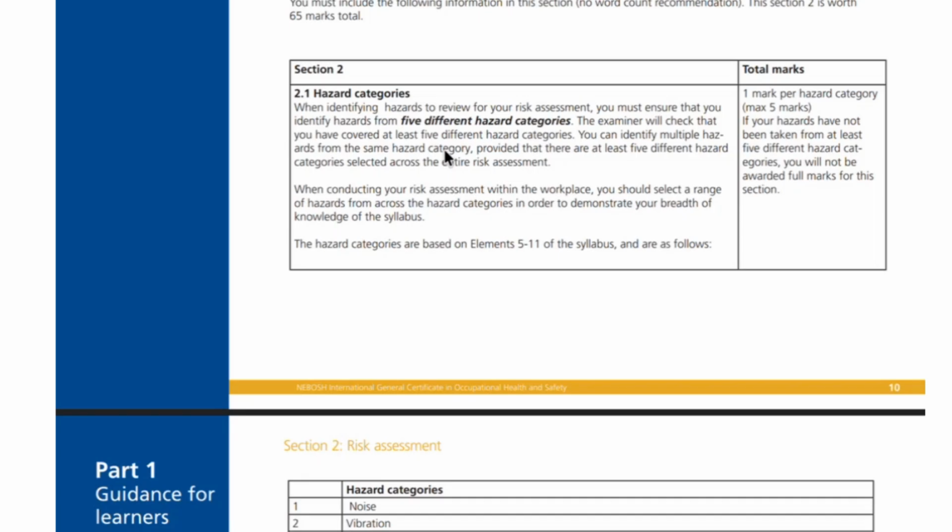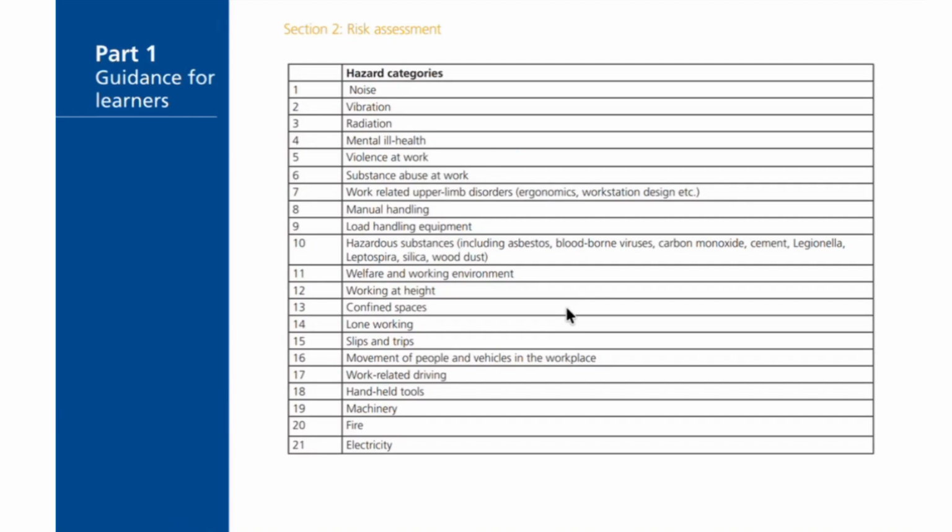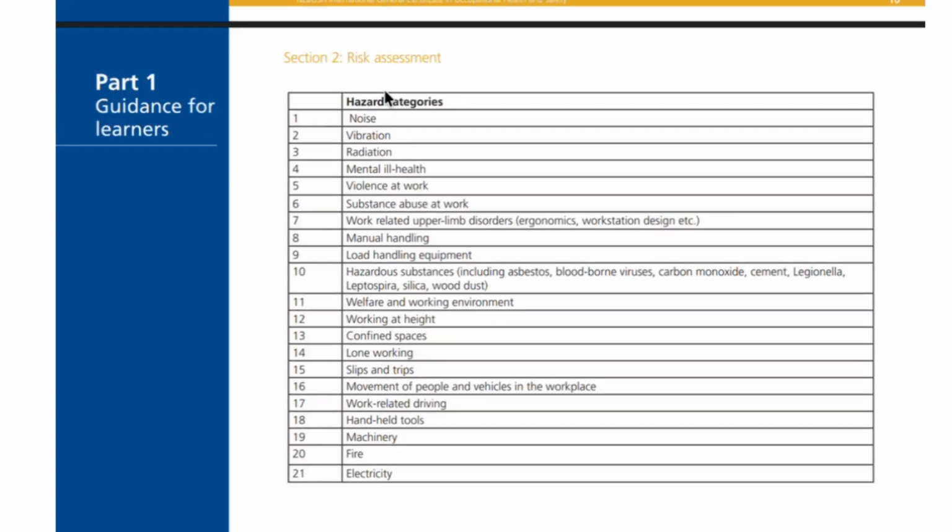You can identify multiple hazards from the same hazard category as well. For example, noise is one hazard category. You can write noise hazard from the generator, and you can write noise hazard coming from the powered tools. But make sure that you cover a minimum of 5 hazard categories.